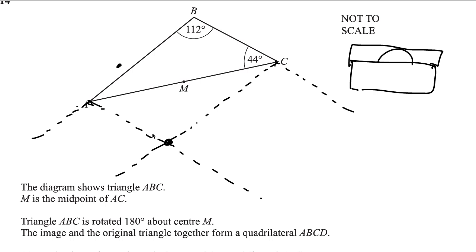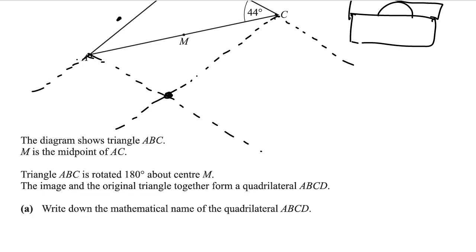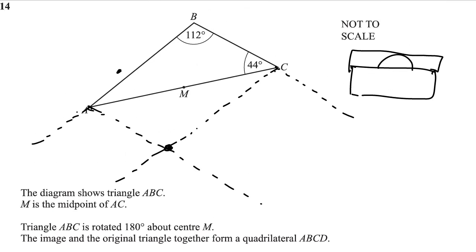So the question says, write down the mathematical name of the quadrilateral ABCD. So one thing you could notice here is that the length of this side is going to be equal to the length of this side, because it's just a simple flip. The length of this side is equal to the length of this side, and the length of this side is going to be equal to this length, right? And what does that fit into? First of all, you can see that the angle here is 112 degrees. So we could not say that this is a rectangle, right?